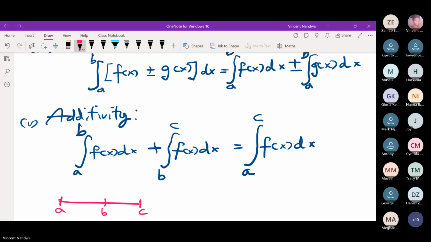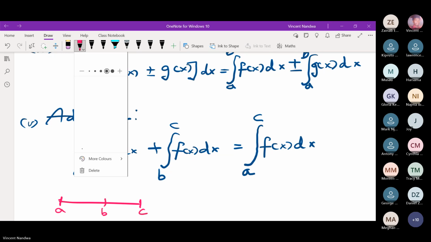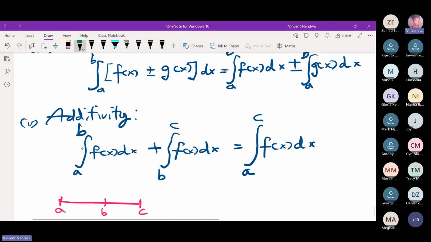Then to integrate from point a to point c simply means move from a to b, which is integration from a to b, then move from b to c, so integration from b to c. Then it will have covered the distance from a to c.